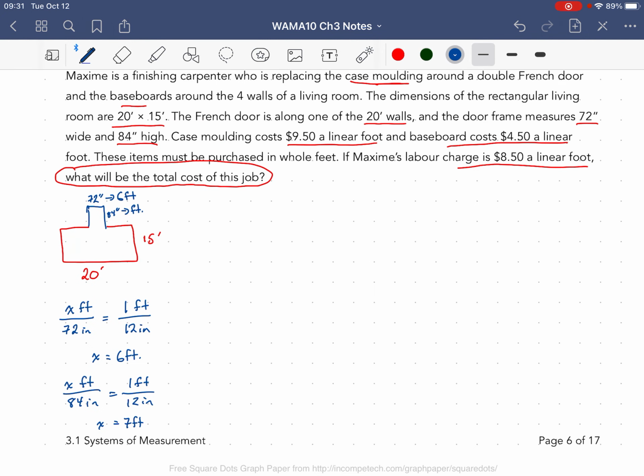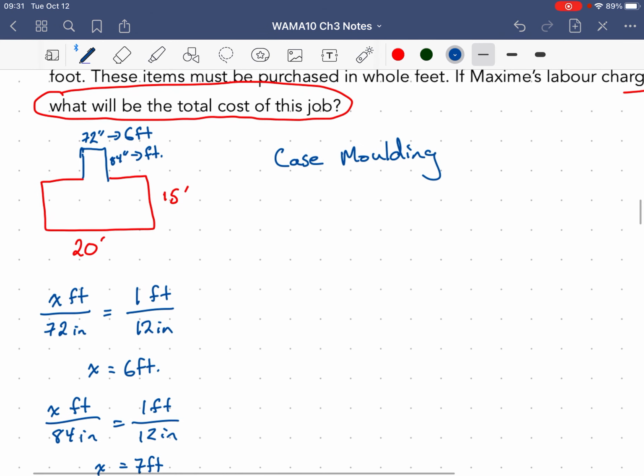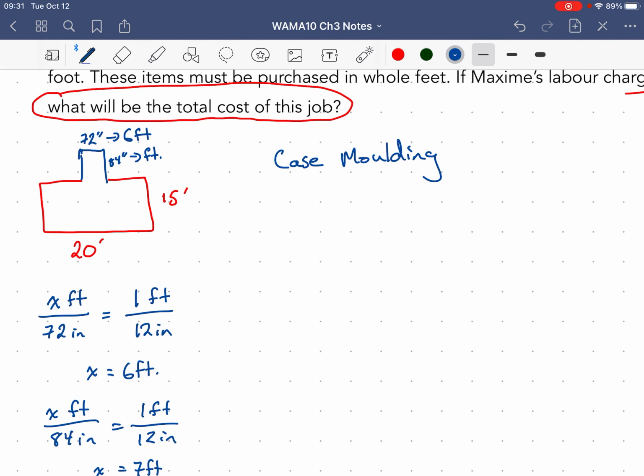All right, so let's take a look and let's do the 2 types. So let's do the case molding. The case molding is the blue around the door. I didn't write down 7 feet, did I? So the case molding is the blue around the door.